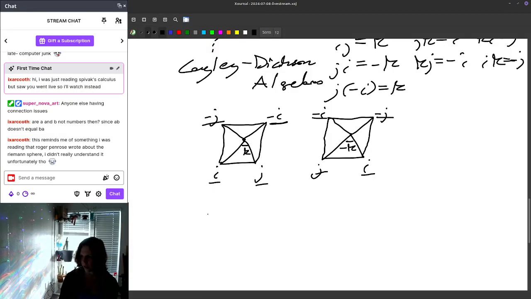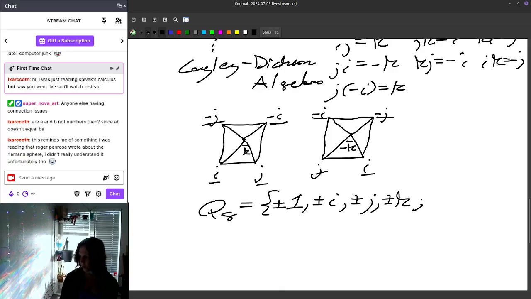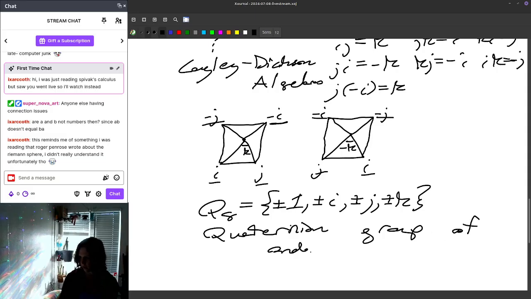So there's actually an 8-element group whose members are plus or minus 1, plus or minus i, plus or minus j, and plus or minus k, which is the quaternion group of order 8. The multiplication of those is just the multiplication that I described up here, and 1 and minus 1 work the way you would expect.